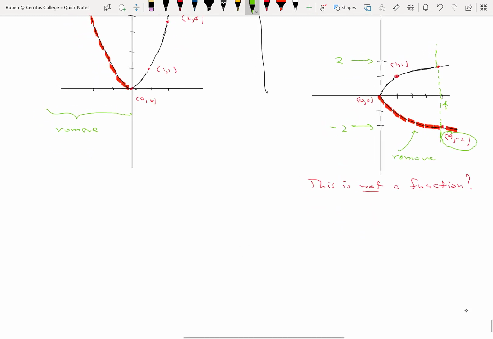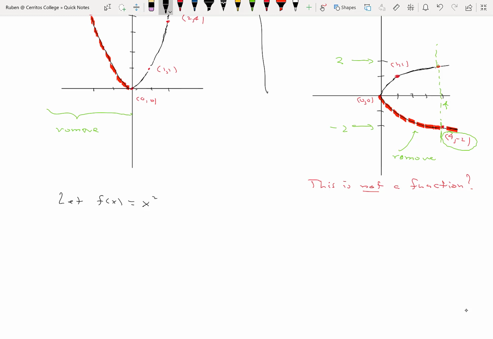And that would create a function. That would mean that the square root of 4 is 2, and not simultaneously 2 and negative 2. So here's the bottom line. If I let f of x be x squared and remove the left branch of the parabola, the branch to the left of the y-axis, then my function will have an inverse.